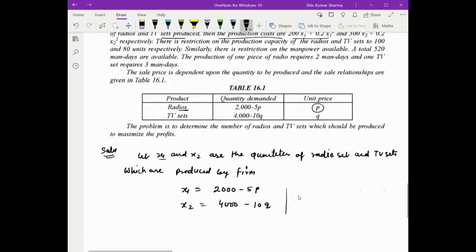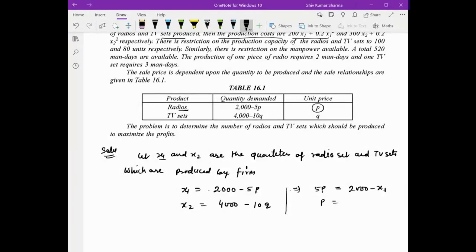We make the constraints from P right here. First we write P from here. So 5P equals 2000 minus x1.